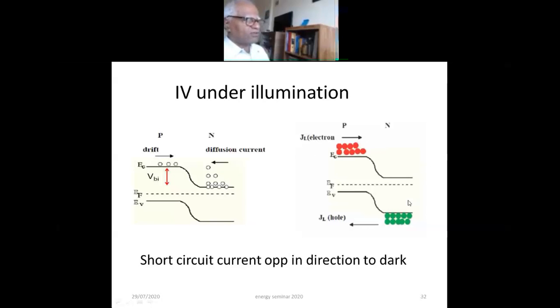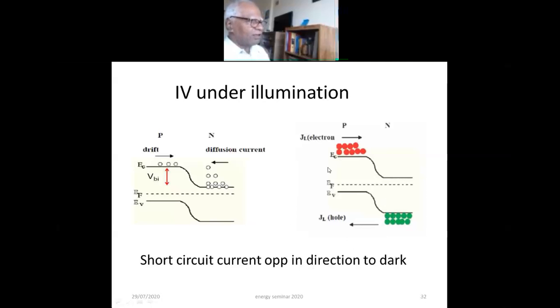So even under short circuit, these carriers will flow, and I will get a current in the external circuit. This is called the short circuit current. This is true for electrons on this side, and true for holes on this side. Electrons will leave from one side, the holes will leave from the other side, and so I will get an external current under short circuit.